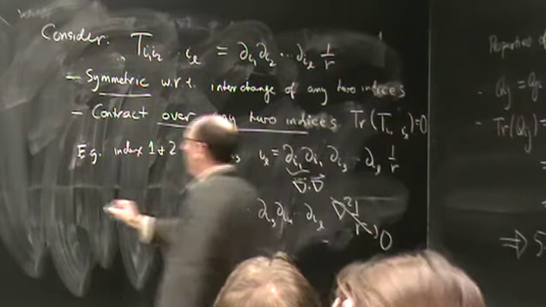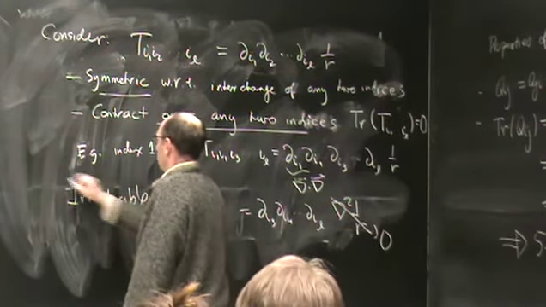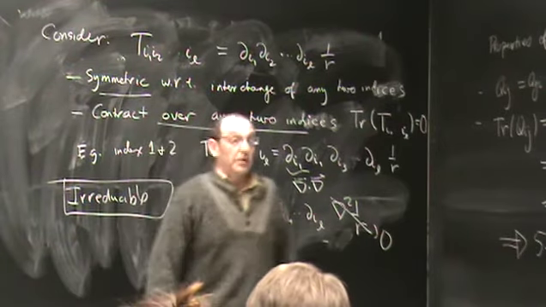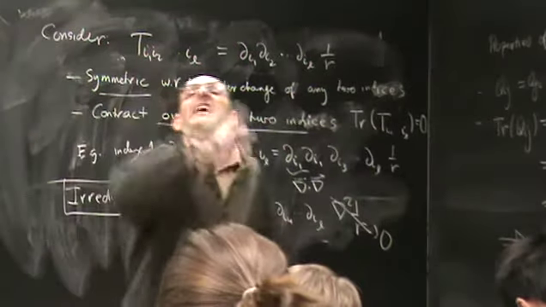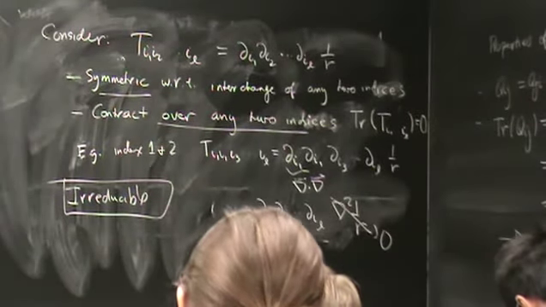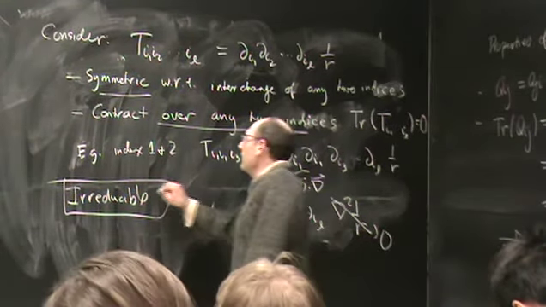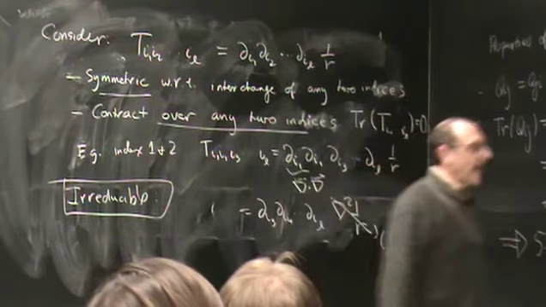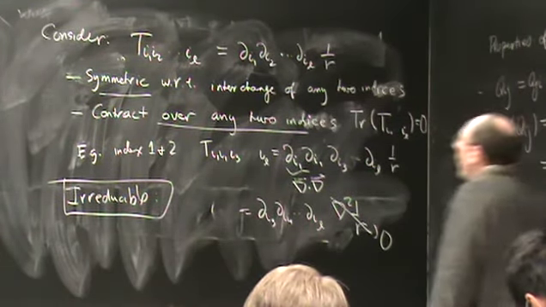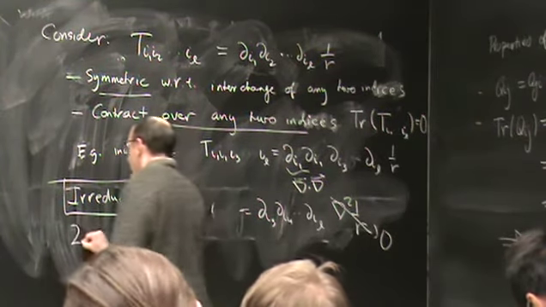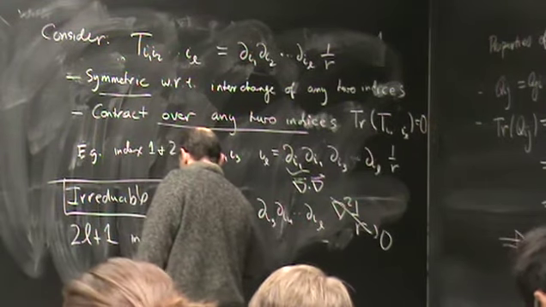Such a tensor we call irreducible. We studied this in homework. Everyone got it 100%, so you know this stuff inside out. So these are irreducible rank L tensors. There are 2L plus 1 independent components.